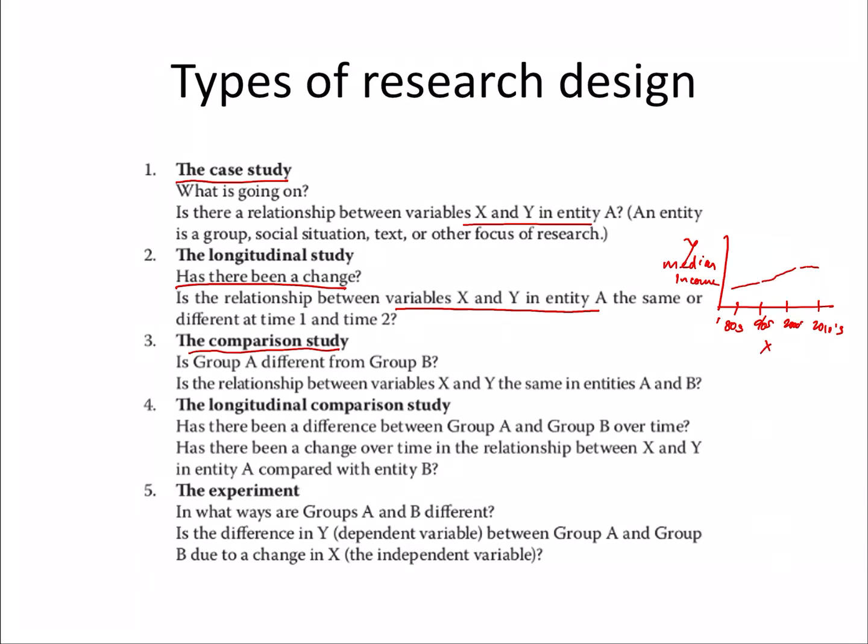So, for example, if you think about the same thing, median income, and let's say it's looking at median income in 2020, and you're saying, well, how is it in Sudbury, North Bay, Mississauga, and Barrie?